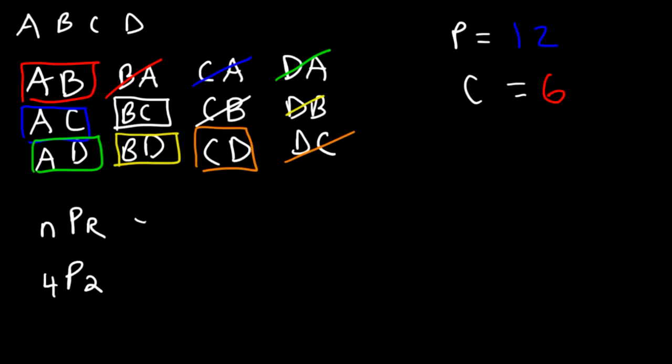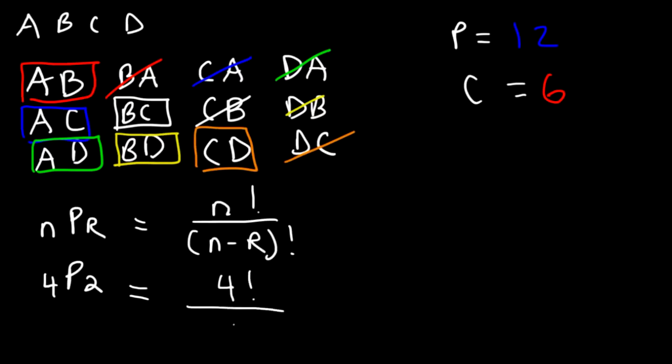Now the equation nPr is equal to n factorial divided by n minus r factorial. In this case, we can see that n is 4 and r is 2. So n minus r is 4 minus 2, which is 2. So we have 4 factorial divided by 2 factorial.